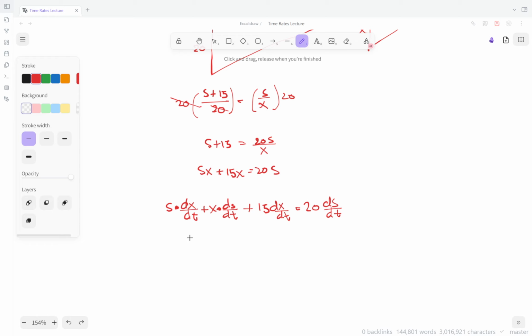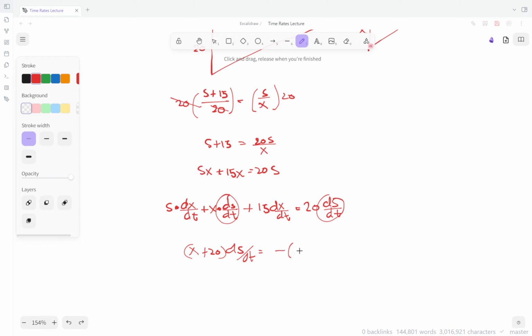Okay, so what's next? Well, we're interested in the rate of the shadow. So we're going to put together all of the ds dt's on one side and all of the things that we don't need on the other side. I got x plus 20 ds dt, and those things that have dx dt have to move to the other side.